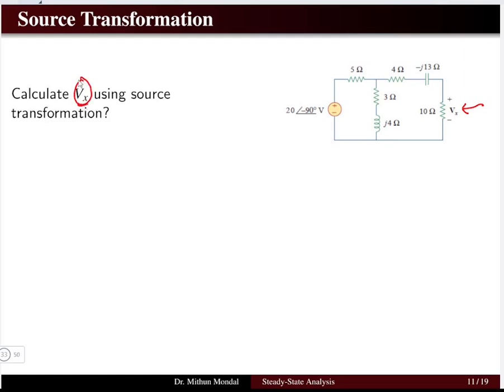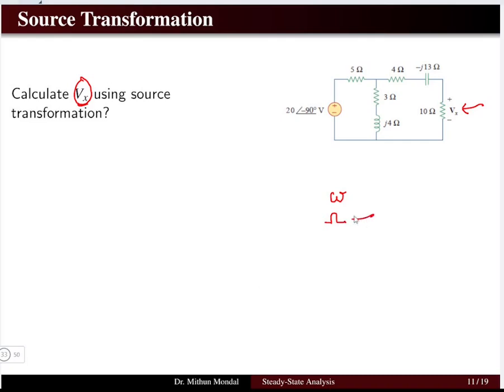You can solve this problem by any other method, whether it is Thevenin's, Norton's, superposition or any other method. However, here we will solve the problem by source transformation. If you remember, whenever you are solving any problem in the frequency domain, the frequency remains constant, so omega remains constant. Moreover, all the values of R, L, C have to be converted into ohms.